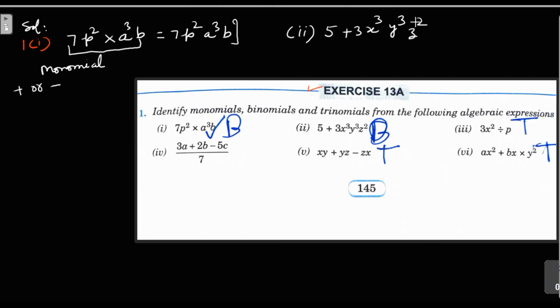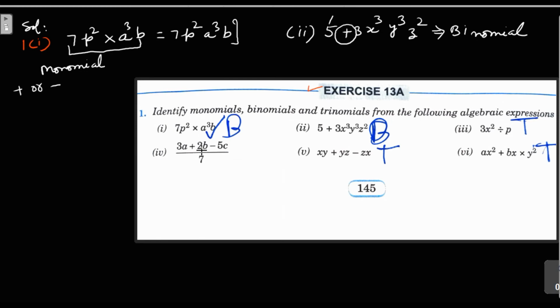Here the sign of plus has come, so it is first expression, second expression, so it is a binomial, right students.